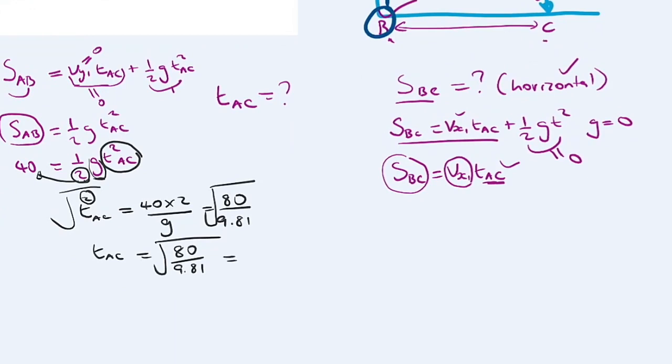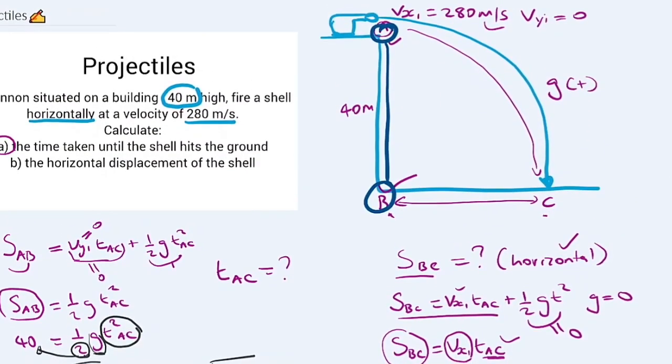Then when you proceed, it's going to give you 2.9 seconds. That's the time it takes from A to C. T_AC is equal to 2.9 seconds.